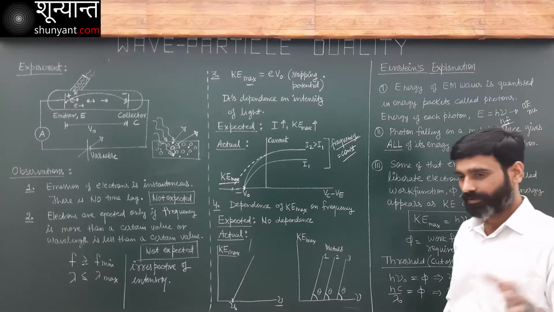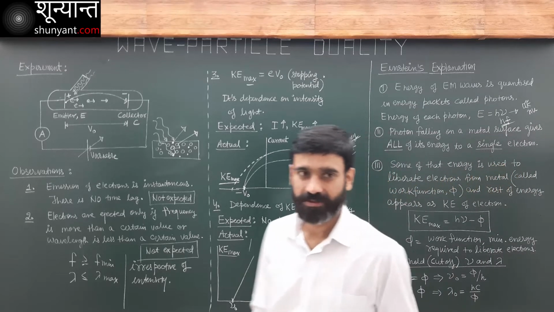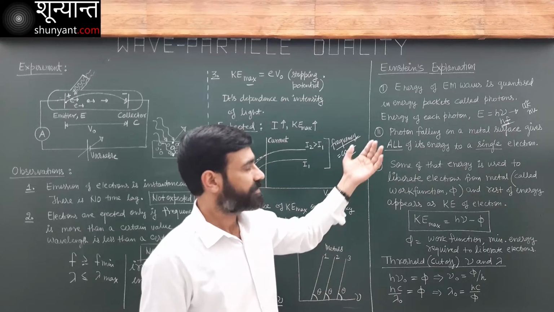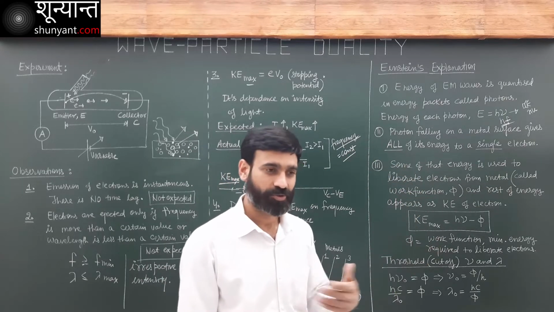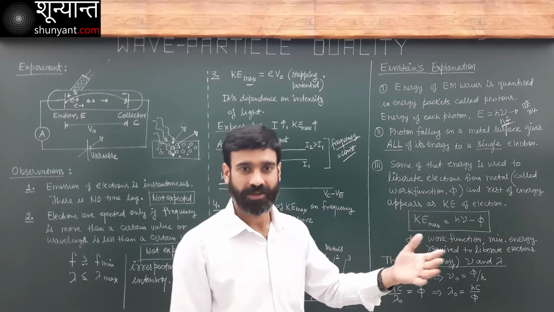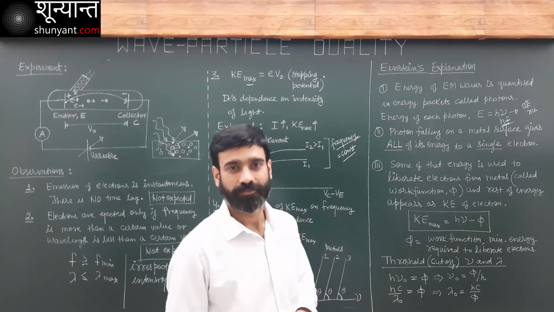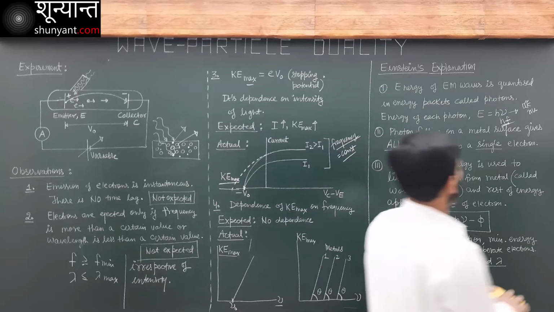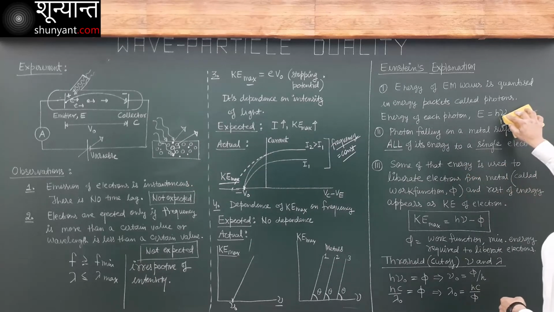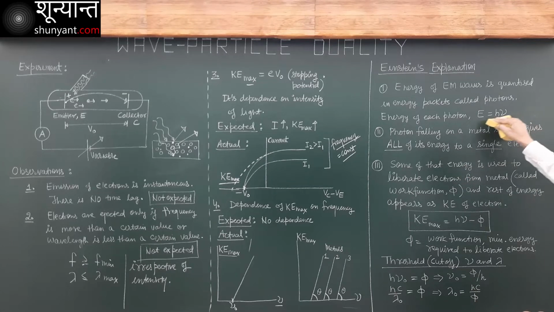F for frequency makes more sense, but this nu is also a common symbol for frequency. In most of the books, you will find this symbol, that's why I am also using it. Otherwise, you are free to use f for frequency. It's not a problem. So this is the first theory, quantization.